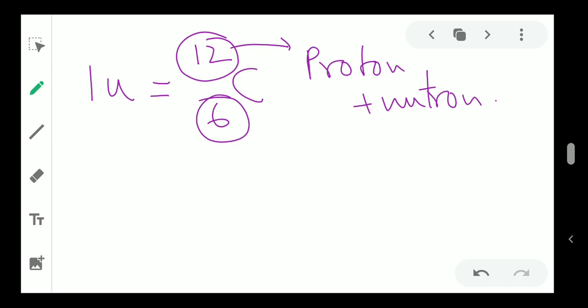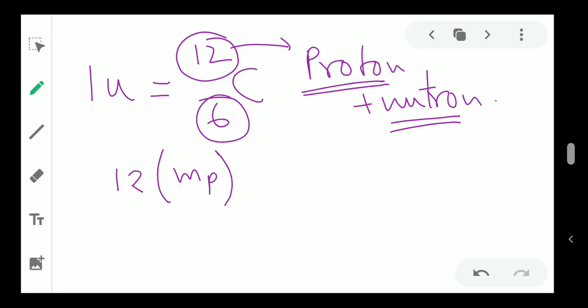You know that the mass of proton and the mass of neutron are almost the same, but not exactly the same. Since they are almost the same, for the 12 of them we can calculate 12 times the mass of a proton.